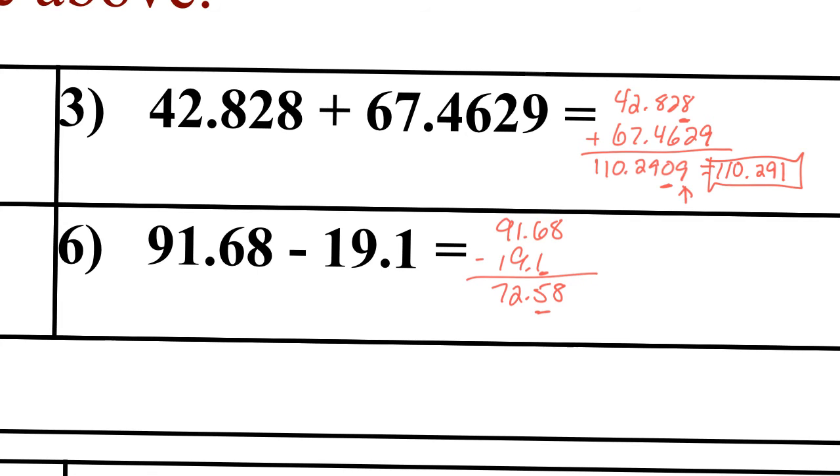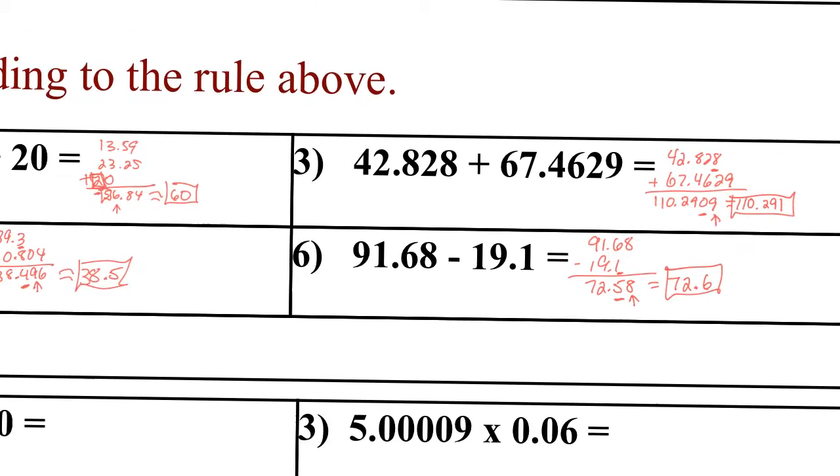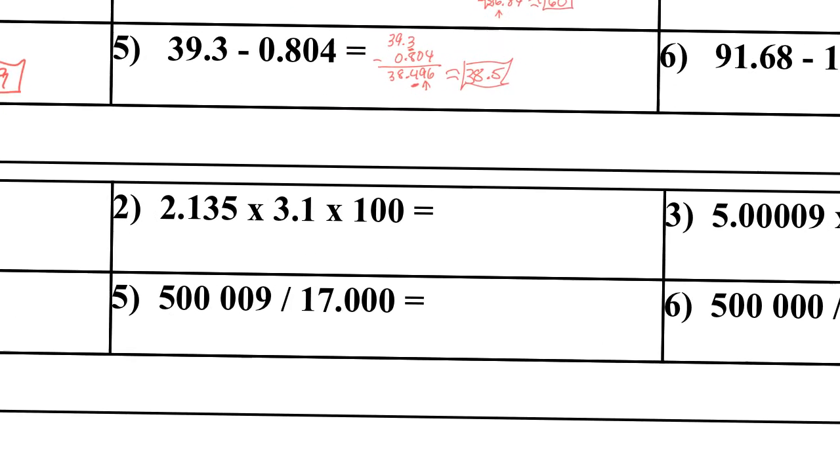And again, I'm going to be rounding to the tenths place. I'm going to look at that number right there. 8 is higher than 5, which means my tenths place is going to round up. So the final answer will be 72.6. So that takes care of addition and subtraction.